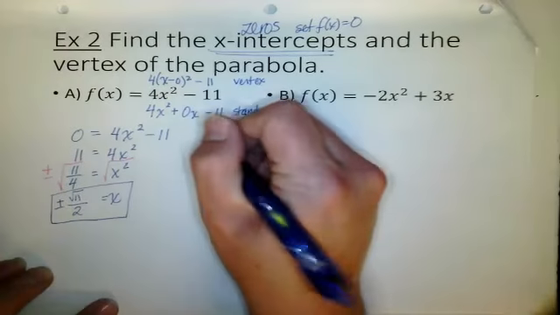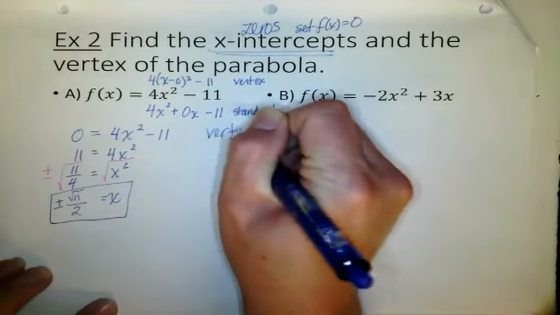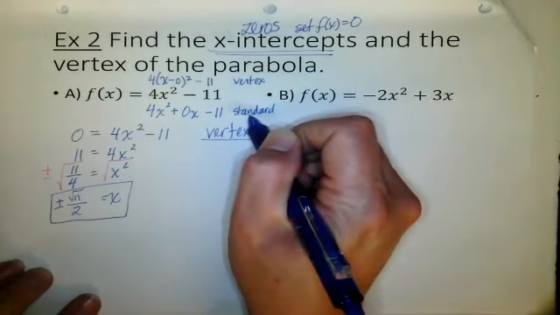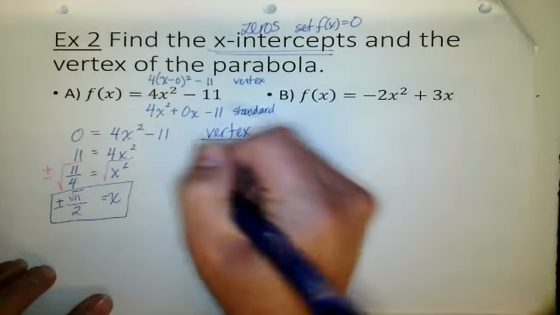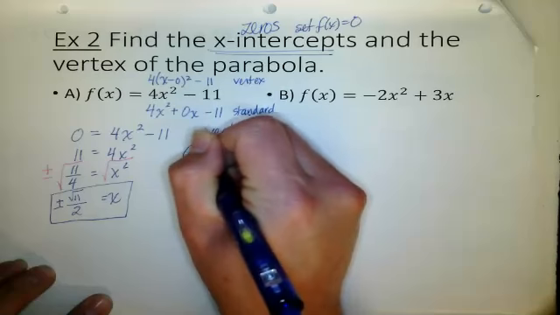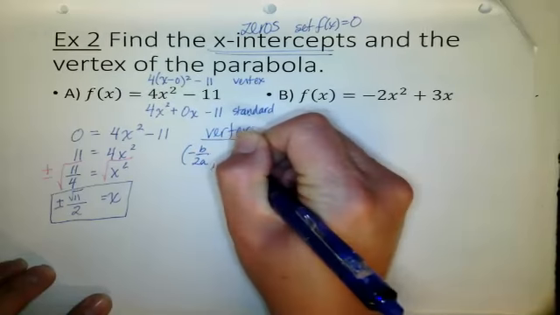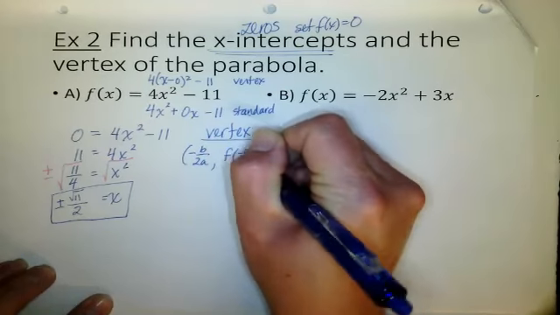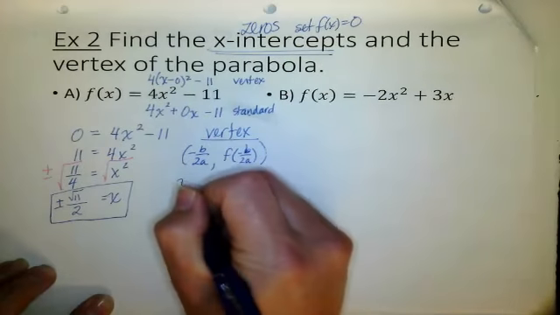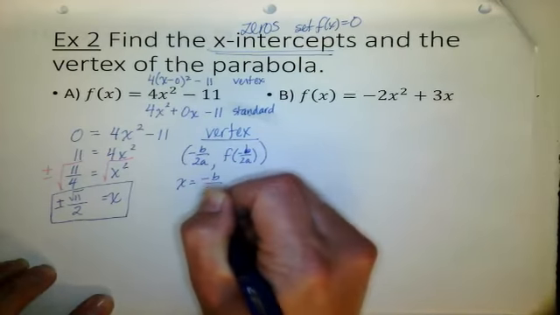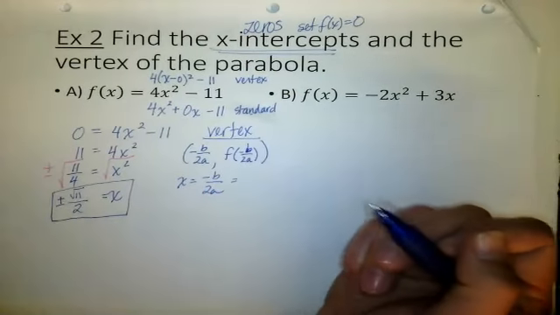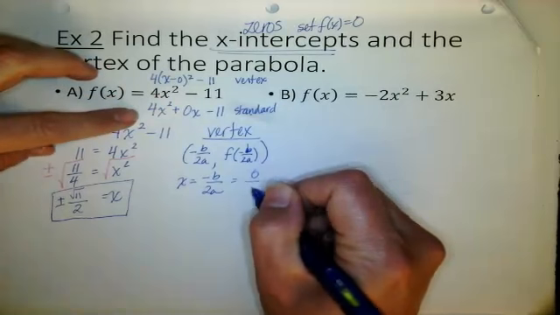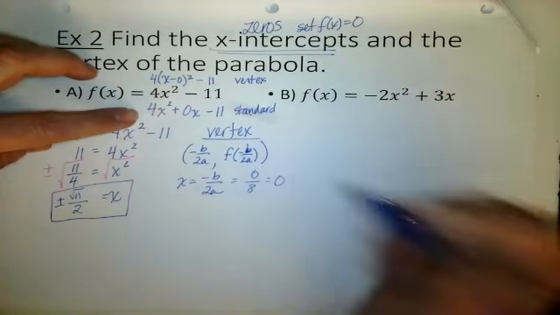And if I want to find the vertex, then I'm going to use standard form. I'm thinking in standard form here. My vertex is negative b over 2a, and then plug that value back in to get the y coordinate. So x equals the opposite of b over 2a. What is the opposite of b? 0 over 2 times 4. It gets 0, right?